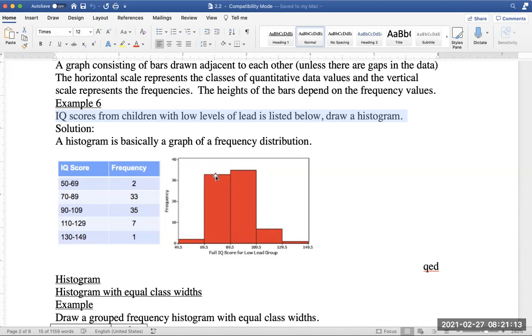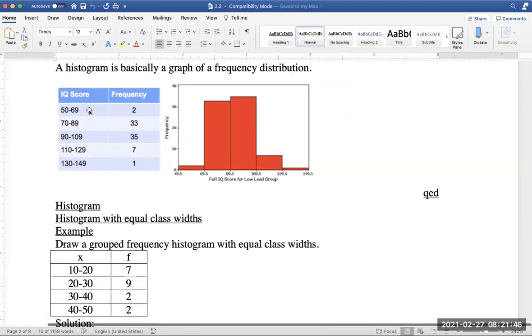Then I'll have a height of 33 between 69.5 and 89.5. There are 35 between 89.5 and 109.5, 7 between 109.5 and 129.5, and 1 between 129.5 and 149.5. And so this is my histogram. This is how you would do it for inclusive type classes.